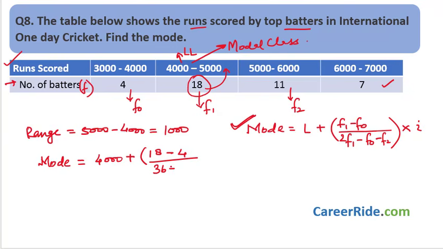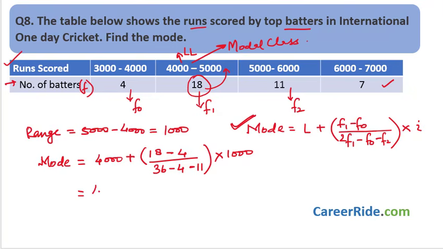F0 is the frequency of the class previous to the modal class, so F0 is 4. We have already marked it. F2 is the frequency of the class next to the modal class, and the value is 11. We have marked it already in the table, right? Multiplied by the range, that is 1000.